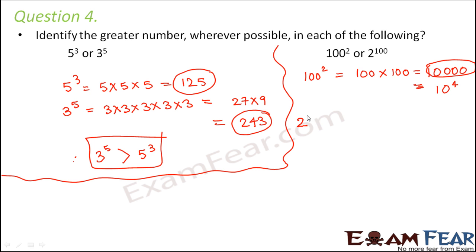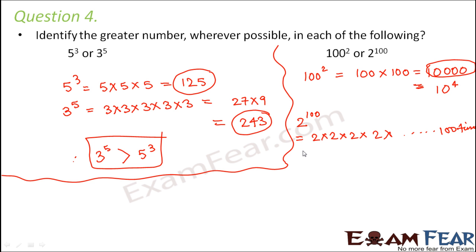Now let us look at 2 to the power 100. So 2 to the power 100 actually means 2 is getting multiplied for how many times? For 100 times. So do you think it is possible to write down 2 for 100 times? That is a little unfeasible. So instead of writing it for 100 times, let us try to write it for 10 times.